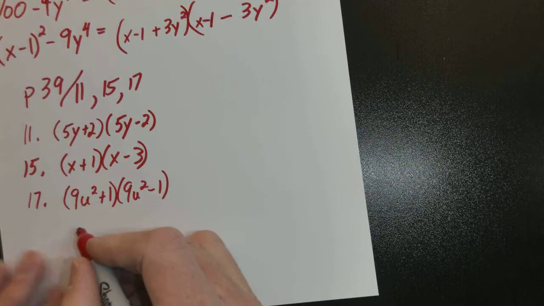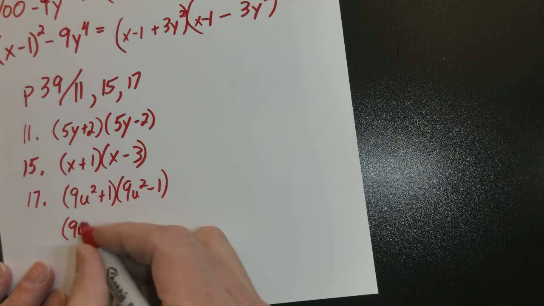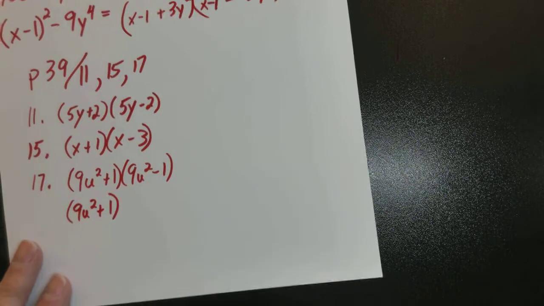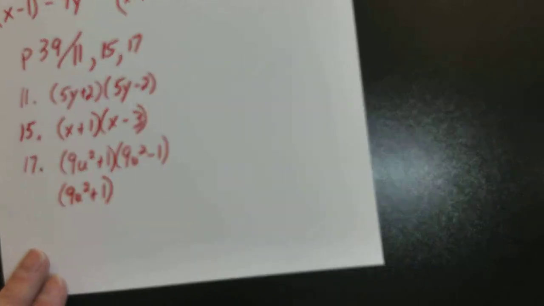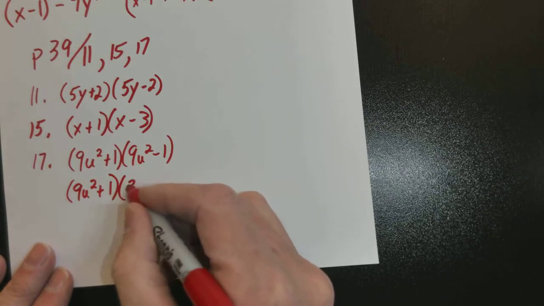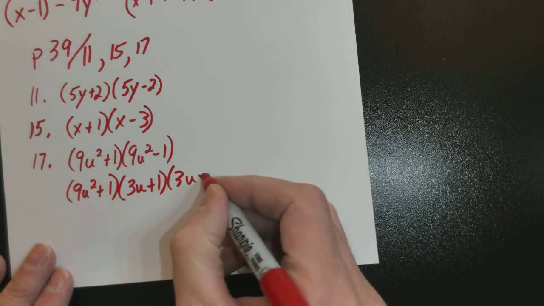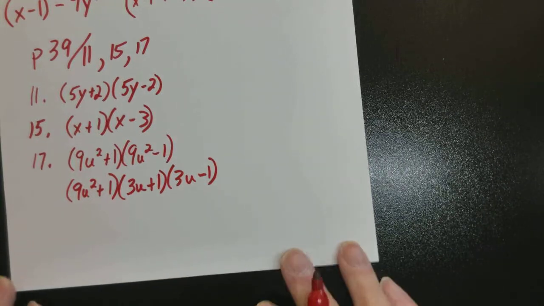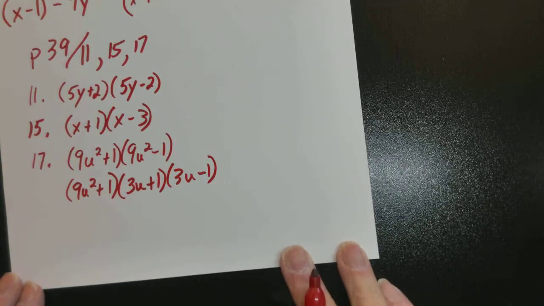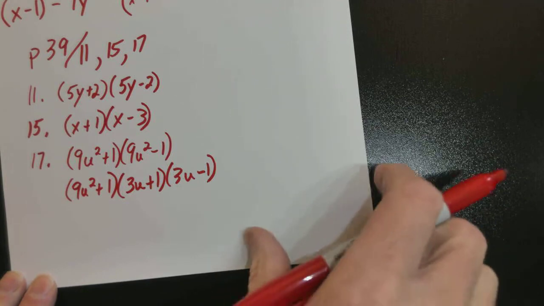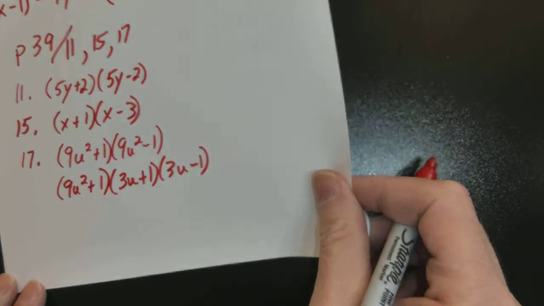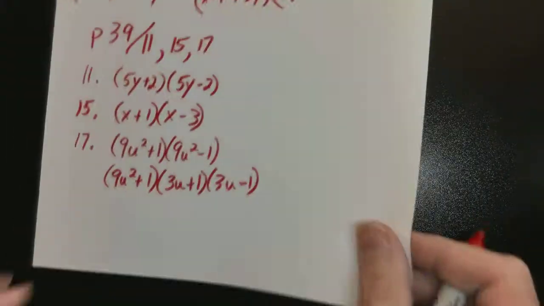Those are also first squares, so I'm going to leave 9u squared plus 1 alone, and then you go 3u plus 1 times 3u minus 1. Right, and I'd like for you to go as far as you can when you're asked to factor. Okay? Good job. Any questions?